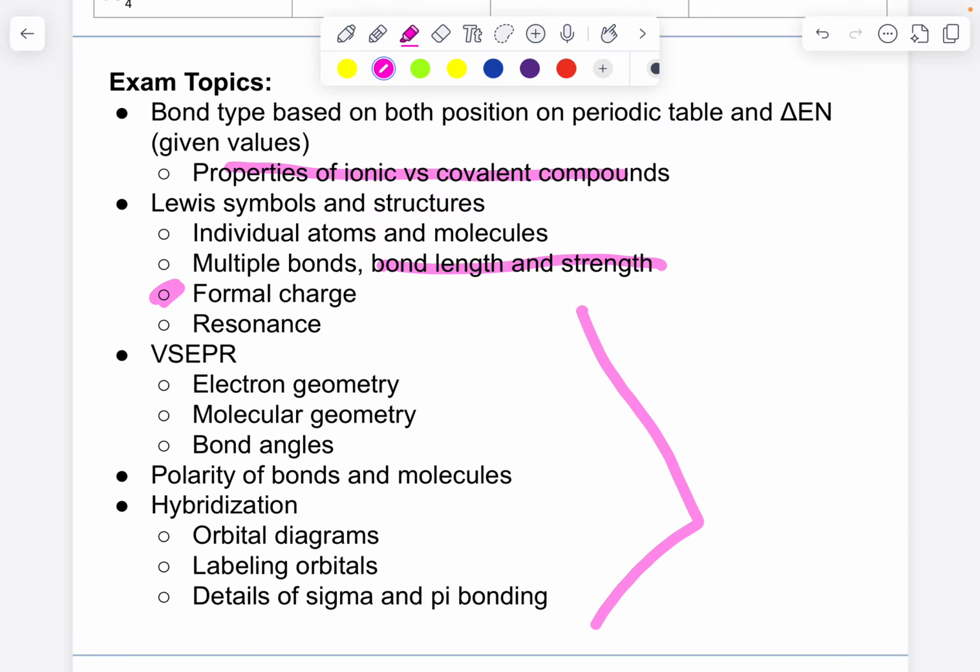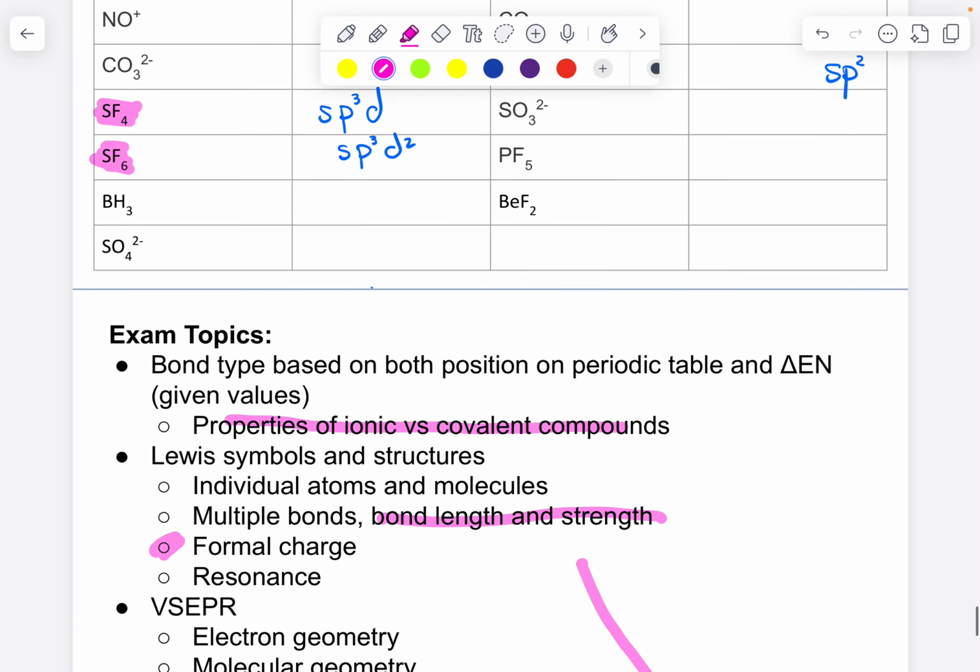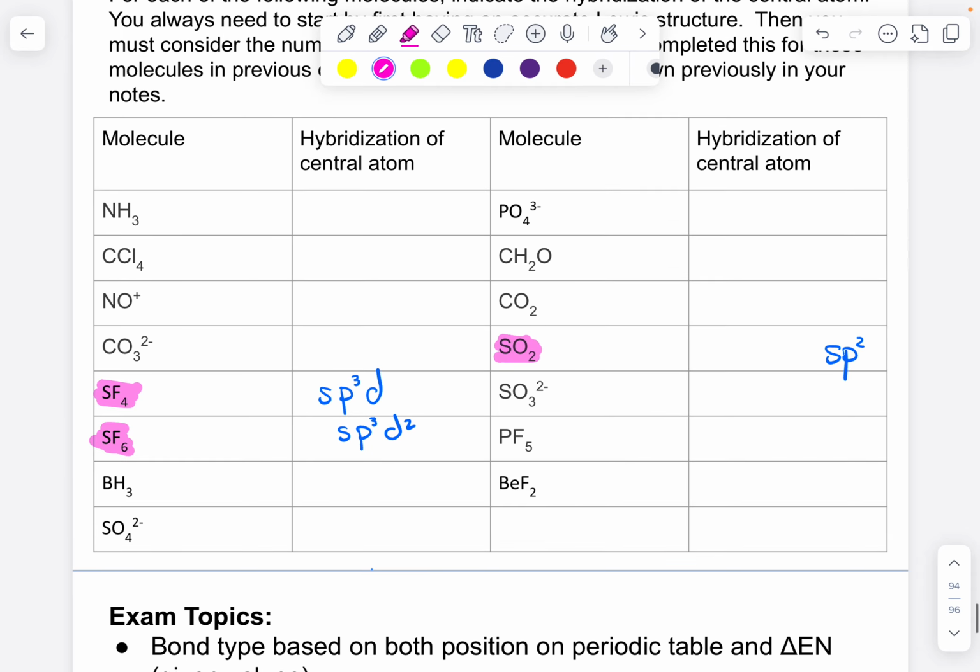Otherwise, a lot of that stuff has been encompassed in chapter 11. So on Wednesday, I will come in with a number of molecules, and you're going to predict the hybridization as well as all of those other things, the shape and the angles and everything.